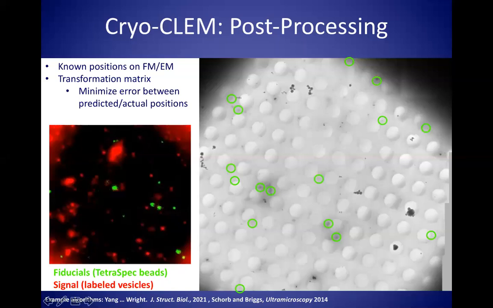These algorithms, I've put two papers with open source software down here. These algorithms tend to be on the simplistic side, so it's things like least squares minimization for the error, and simple transformation operations. Finally, perhaps the most important step of the post-processing is what we call a leave-one-out confirmation.